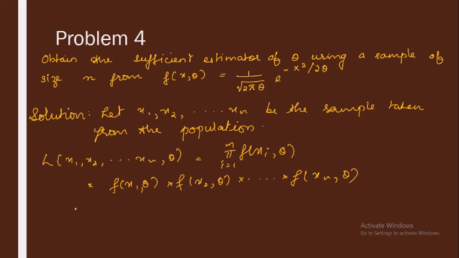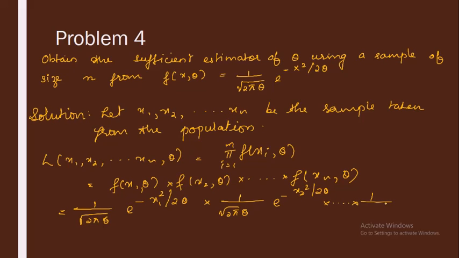So instead of this you can write this as 1 by root 2 pi theta, e raised to minus x1 square divided by 2 theta, multiplied by 1 by root 2 pi theta, e raised to minus x2 square divided by 2 theta, multiplied by 1 by root 2 pi theta, e raised to minus xn square divided by 2 theta.